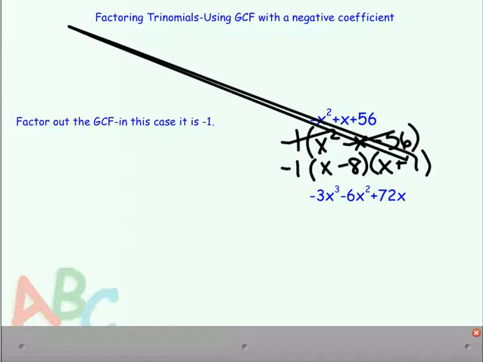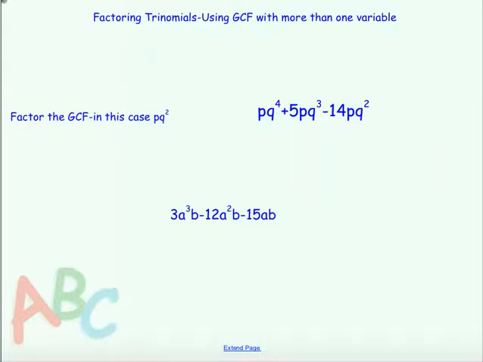Okay, a couple more examples here for you to try. I'll just show you this first one. You can try the same method on the second one. In this first case, we have a couple of variables here.